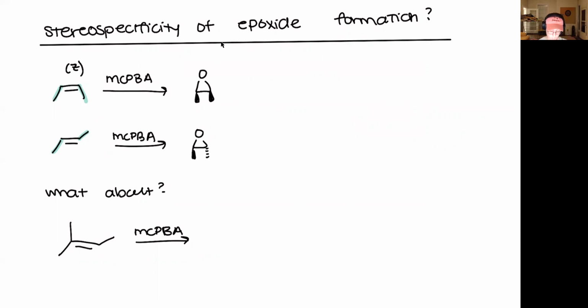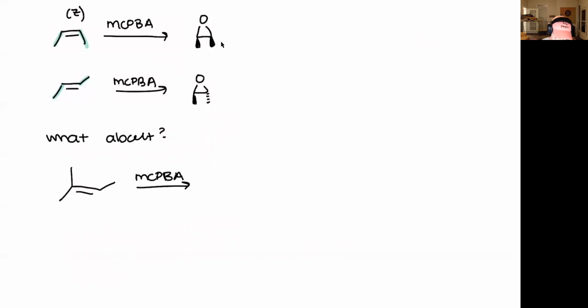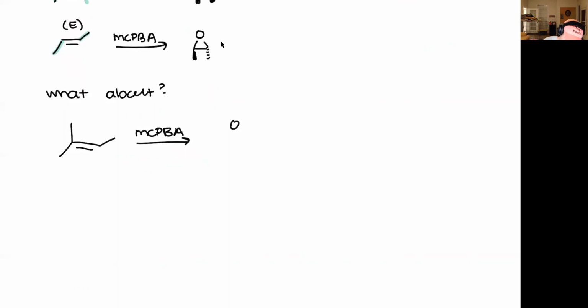In the cases where it's applicable, we would get a racemic mixture. But in this final case, we don't really have an easy geometry of this alkene, and so we see that we would get a product like this and a product like this.